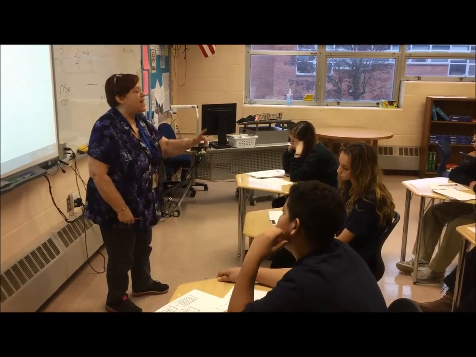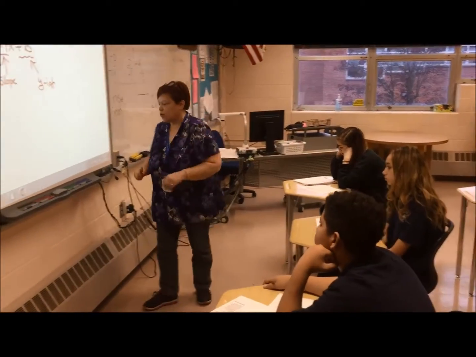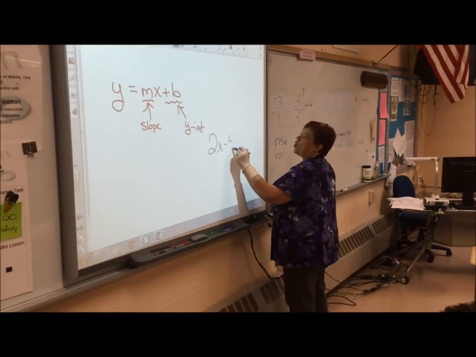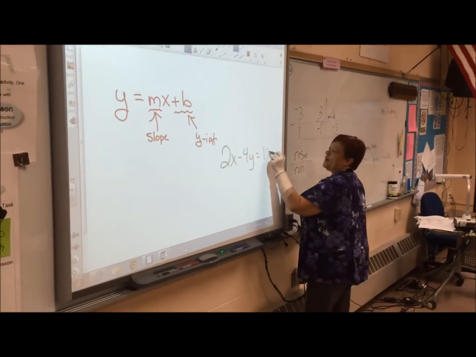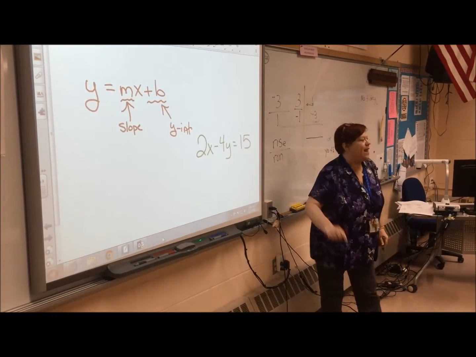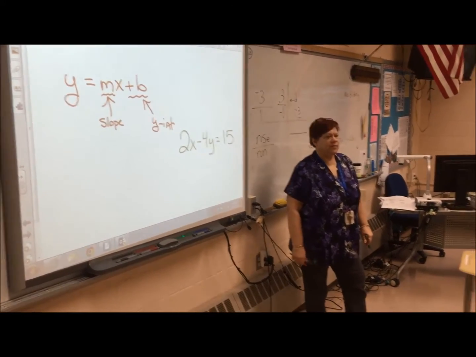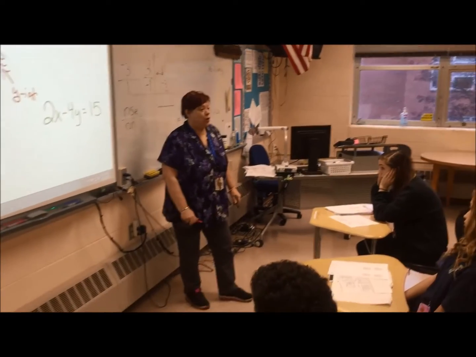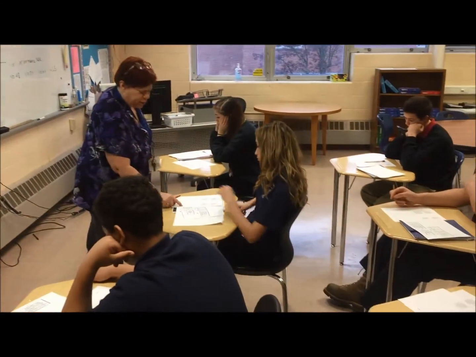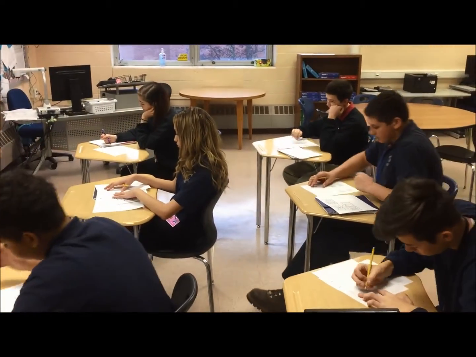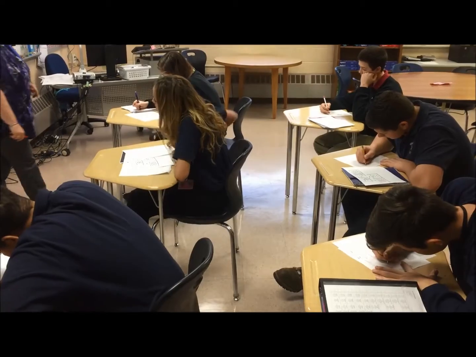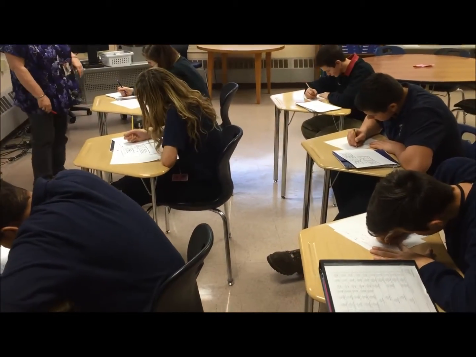If it's not in y equals, in other words, if it looks like this, 2x minus 4y equals 15, what do you have to do to be able to tell me the slope and the intercept? Get the y alone. So what I want you to do is go to problem number 3, and that's what I want you to do. Solve for y, and tell me what's the slope and what's the intercept.